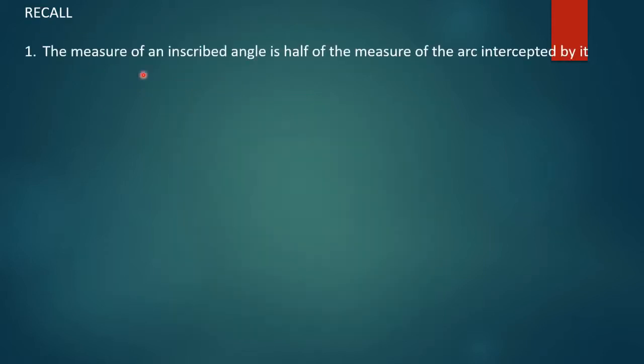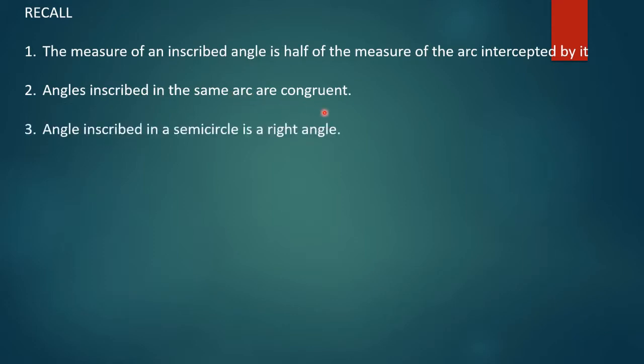Let us recall. First, the measure of an inscribed angle is half of the measure of the arc intercepted by it. This is the inscribed angle theorem. Second, angles inscribed in the same arc are congruent. Third, an angle inscribed in a semicircle is a right angle.